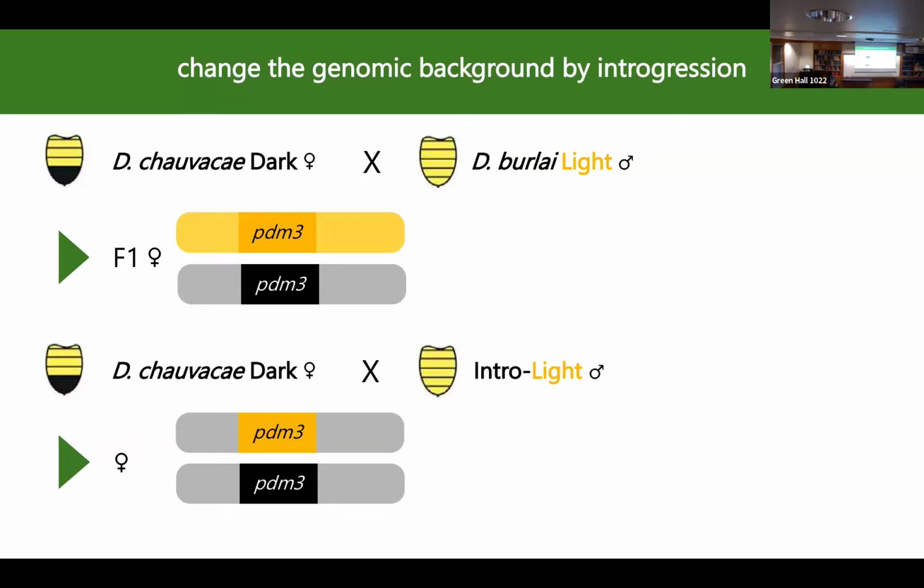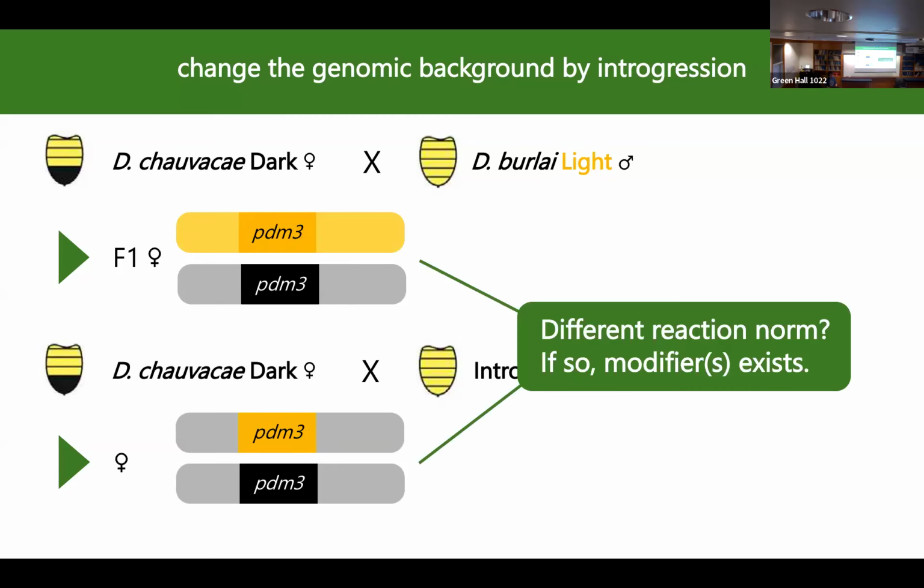It will be almost Drosophila Shobaka. So if the modifier exists, the genotype of the modifier will be homozygous. It means that if these crosses have different reaction norms, the difference will be due to the genotype of the modifier locus.